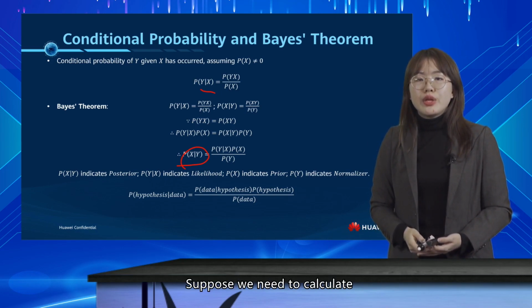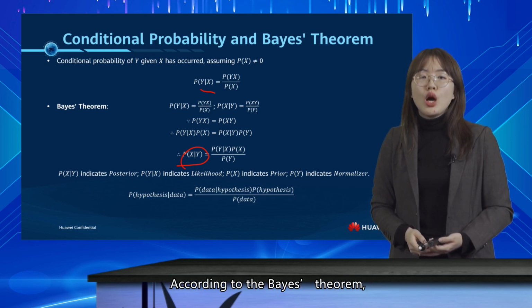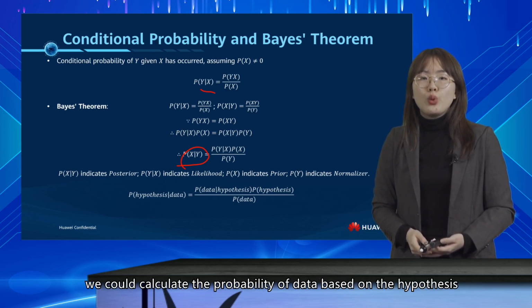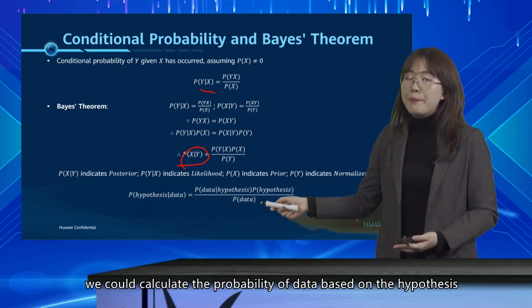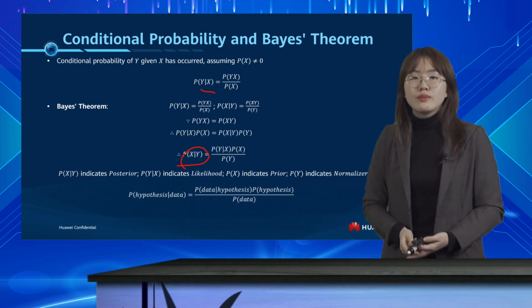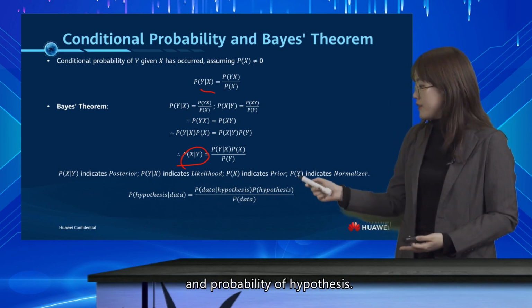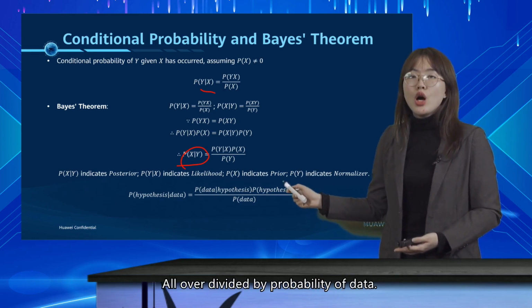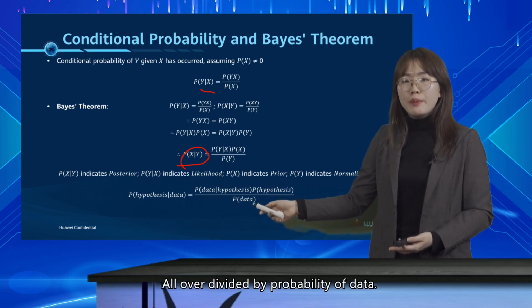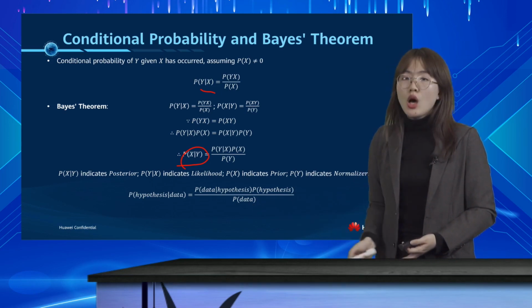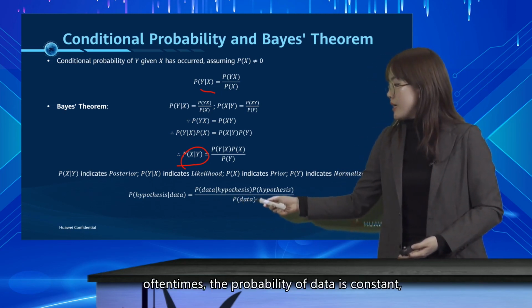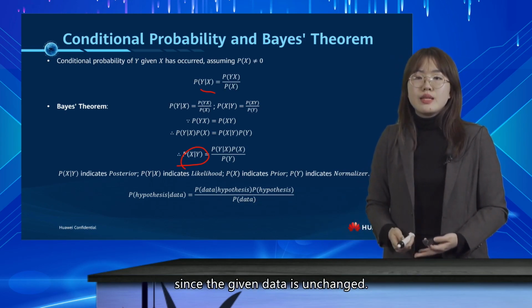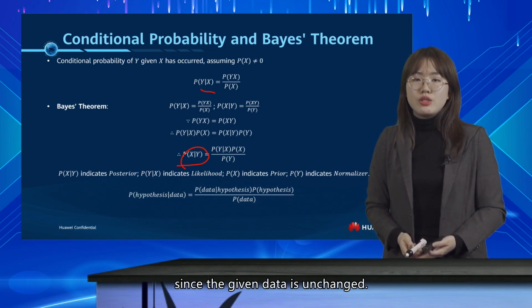Suppose we need to calculate the hypothesis given the whole data. According to Bayes' theorem, we could calculate the probability of the data based on the hypothesis and the probability of the hypothesis, all divided by the probability of the data. Oftentimes, the probability of the data is constant, since the given data is unchanged.